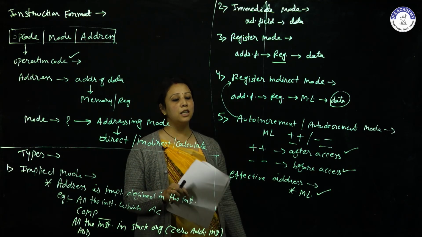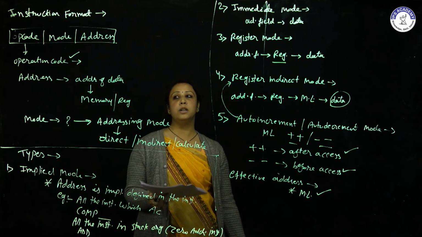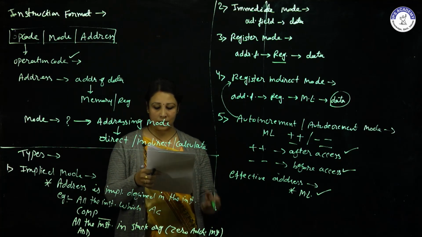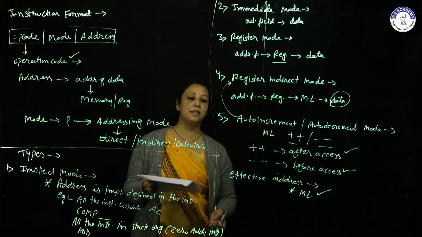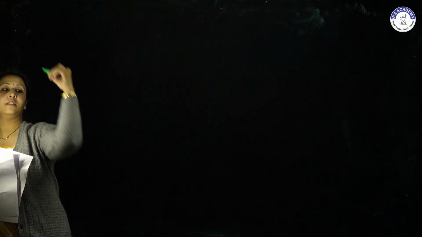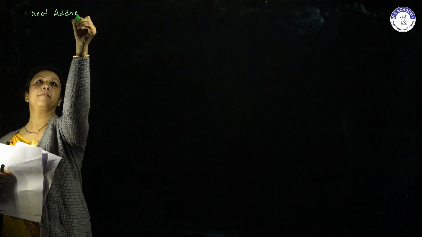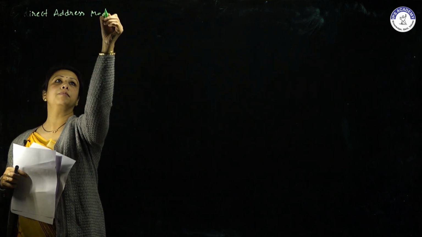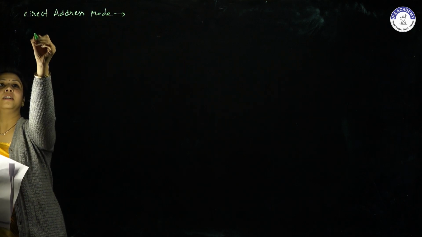Now for the next addressing modes, we have to calculate the effective addresses. The sixth addressing mode is direct addressing mode, and the seventh is indirect addressing mode. In direct address mode, what is the effective address?